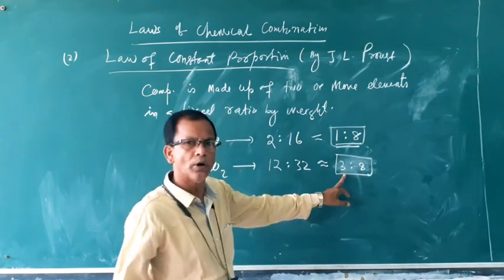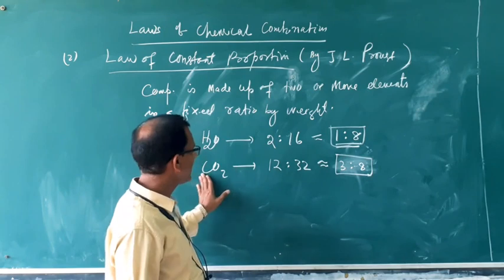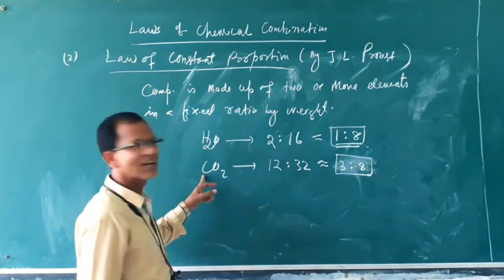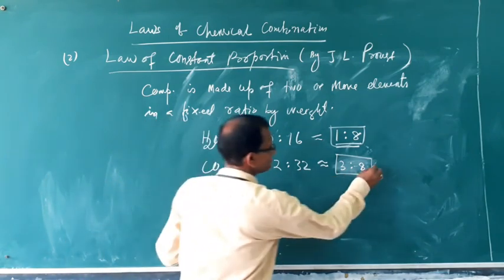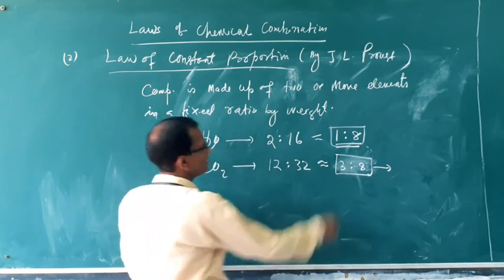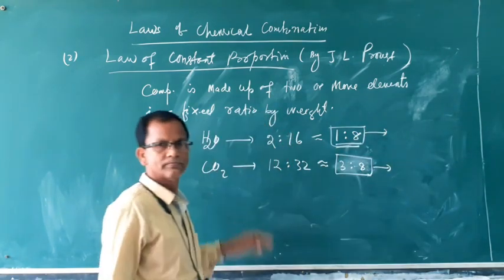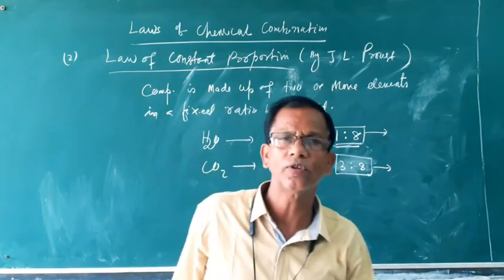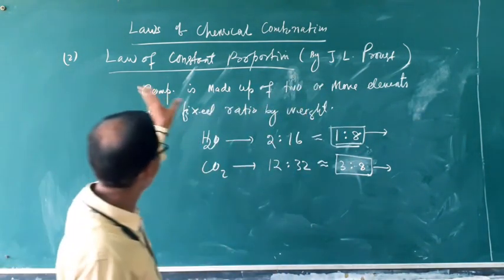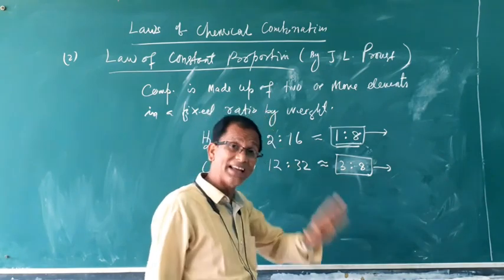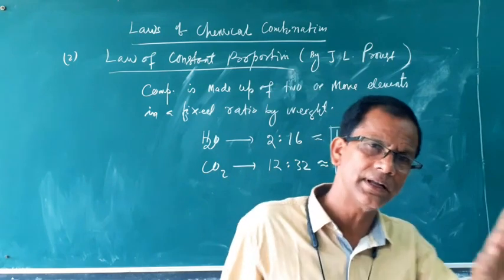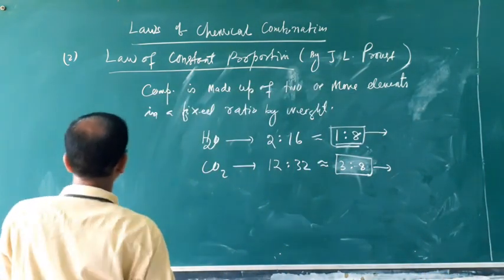This is the ratio of carbon and oxygen in carbon dioxide. It is constant. For CO2 it is constant, and for water it is constant. That is called the law of constant proportion. This law of constant proportion can be proved experimentally. Let us discuss one problem.